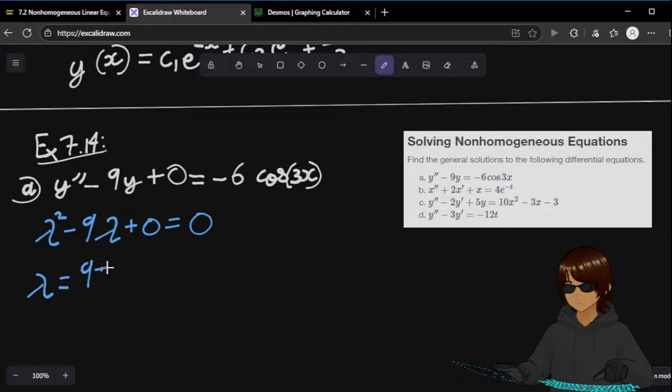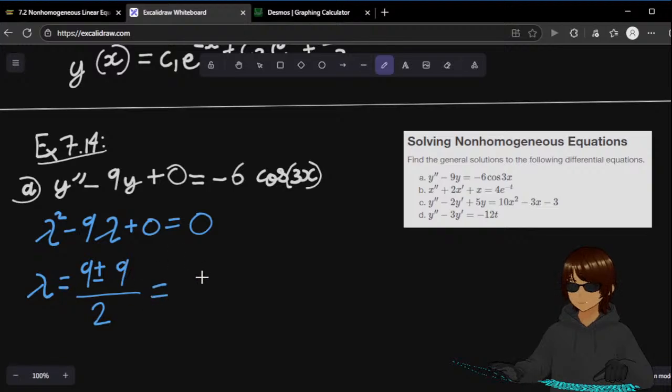Minus b plus or minus the square root of b squared minus 4ac, but these two cancel out, so I'm just left with 9 because there's no minus 4ac, over 2 times a.